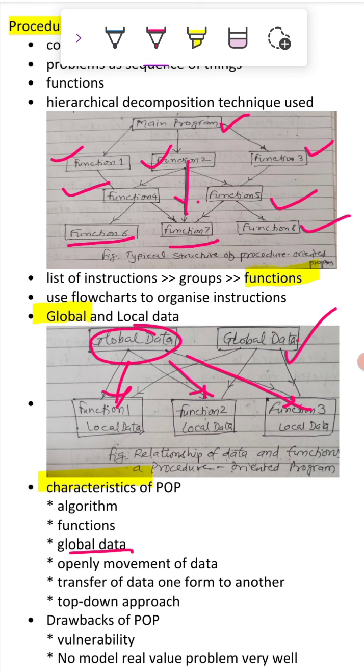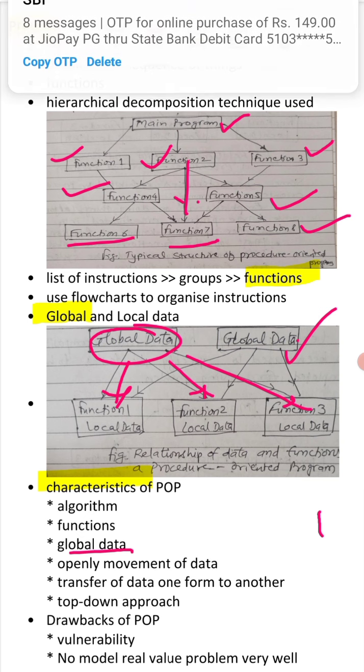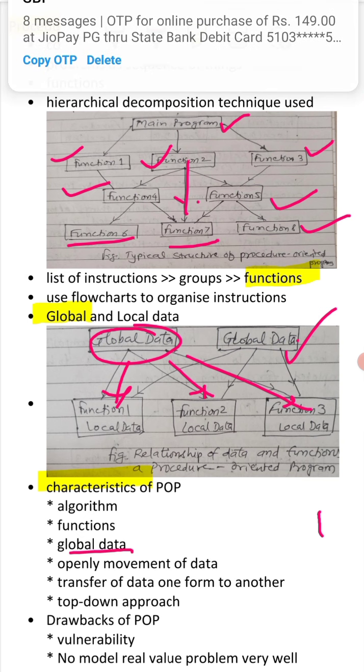Global data are more vulnerable to an inadvertent change by a function. In a large program, it is very difficult to identify what data is used by which function.